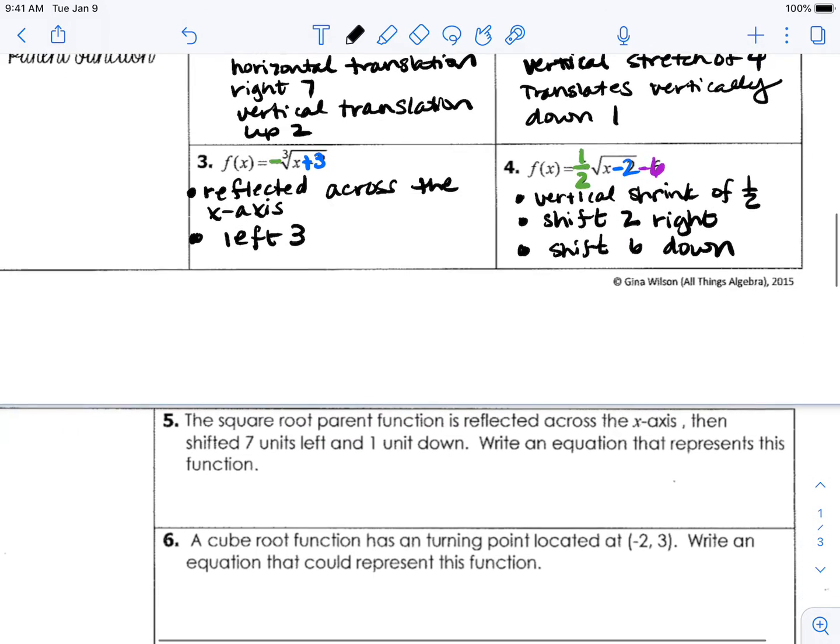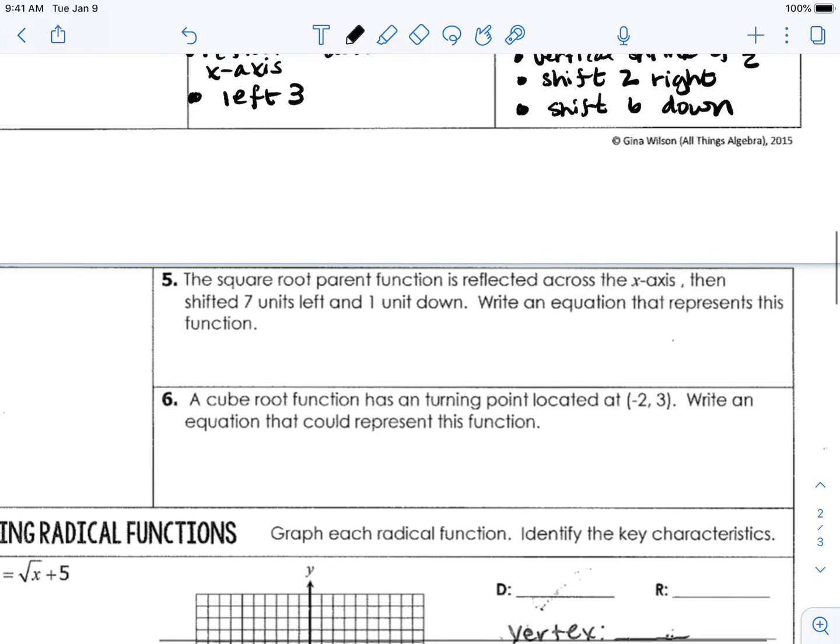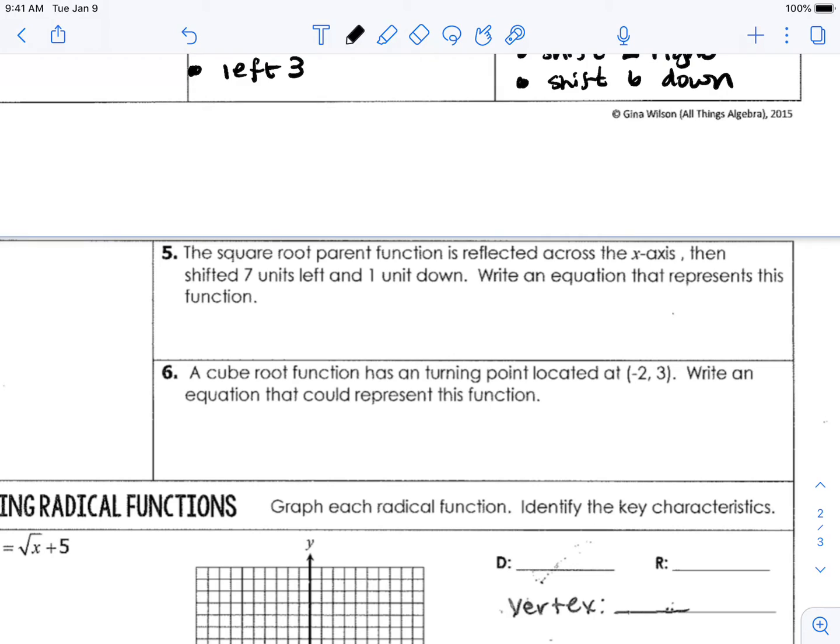And then my last part right here, I want to be able to talk about what my function would look like if they gave me this description. I'm going to go through this a little bit at a time. If I have a square root parent function, that tells me that I have this square root.